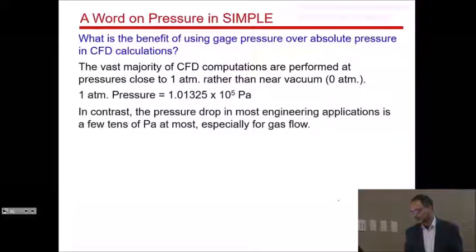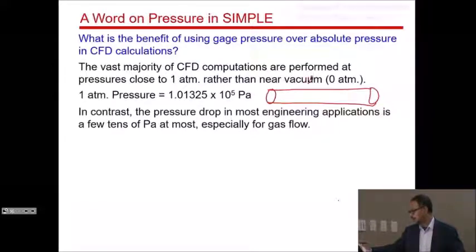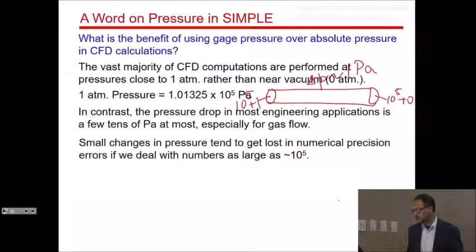So if I have a long pipe, the delta P here is close to 1 Pascal, whereas the absolute pressure is close to 10 to the power 5 Pascal. In other words, here it will be 10 to the power 5 plus 1 or plus 0. Here it will be 10 to the power 5 plus 1. Very minuscule change.